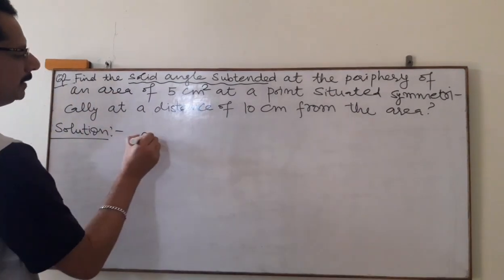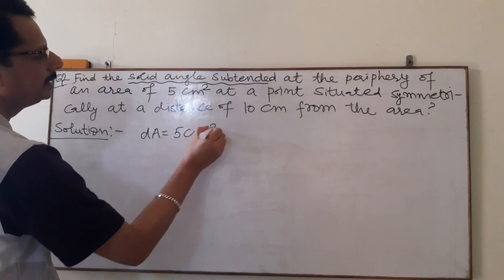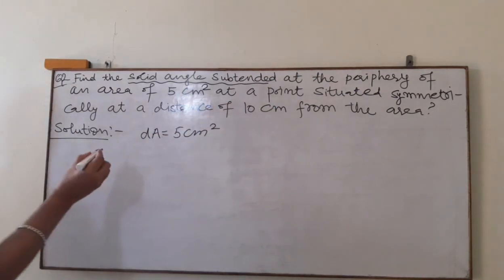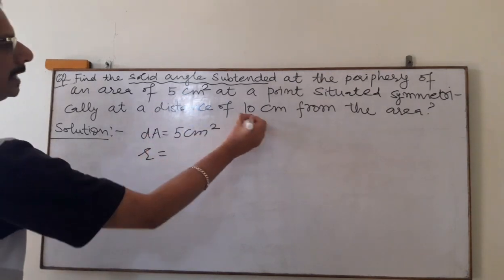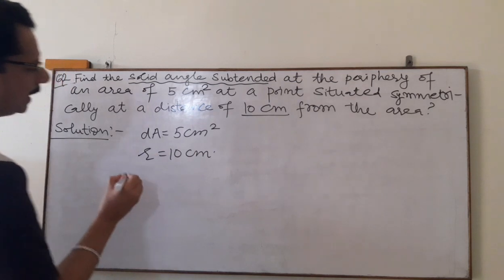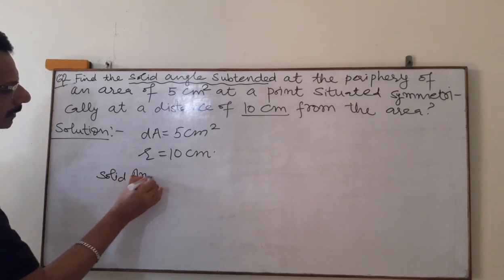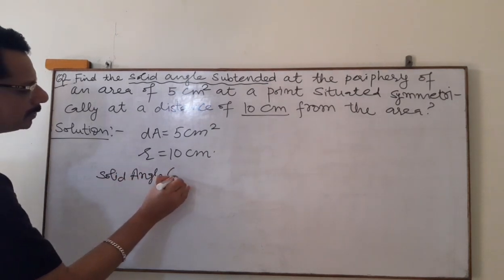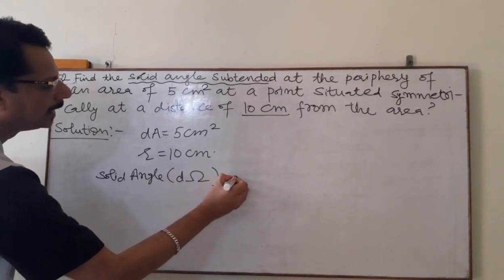That means I have here dA, which is 5 centimeter square, and r I have 10 centimeter, and I have to find out the solid angle, which is denoted by the symbol d omega, and that I know.